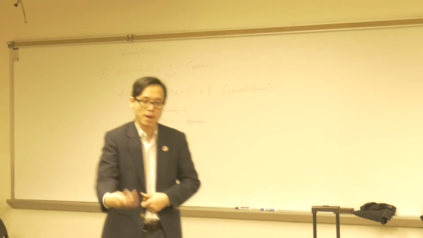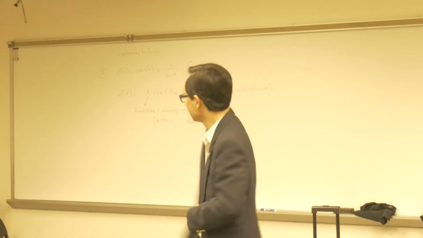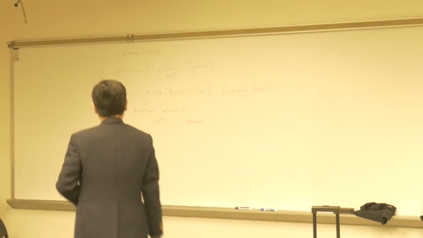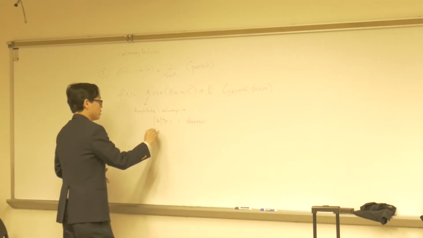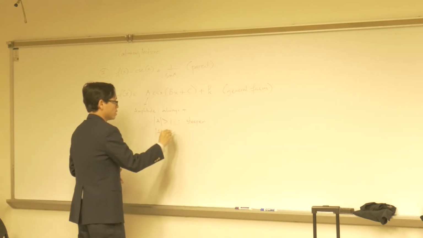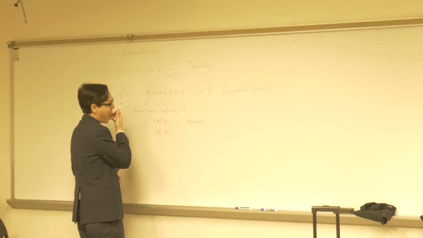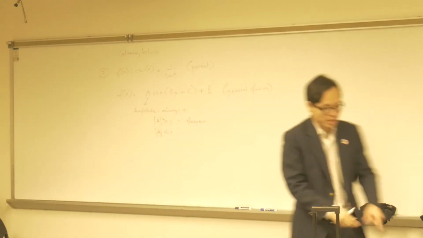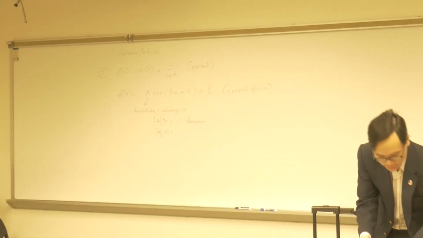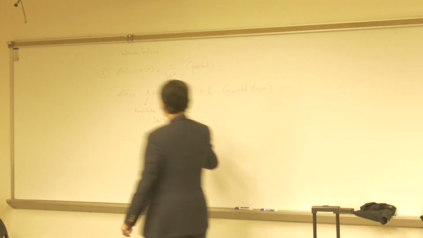We're going to talk about the parent of the cosecant soon. And if it's less than 1, I think the other way around. Let me check one more time. So yes, that's good, this is less than.